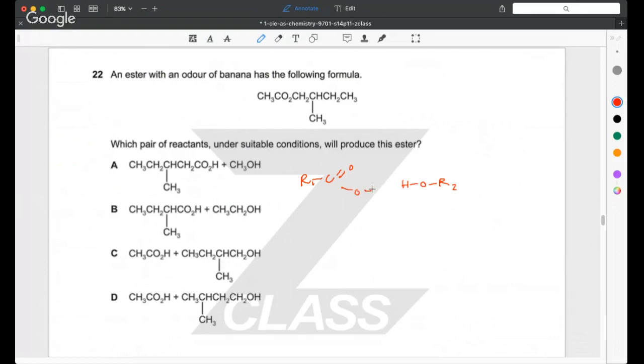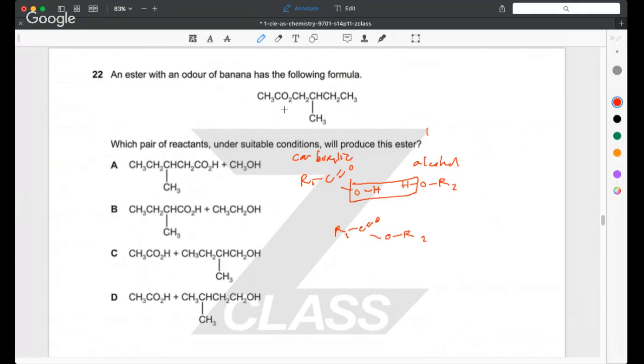So to make an ester, you react an alcohol and a carboxylic acid. And it's an elimination reaction where water is eliminated. Can you see H2O there? And it gives you that R1 and R2. And that bond that you've got there is the ester bond.